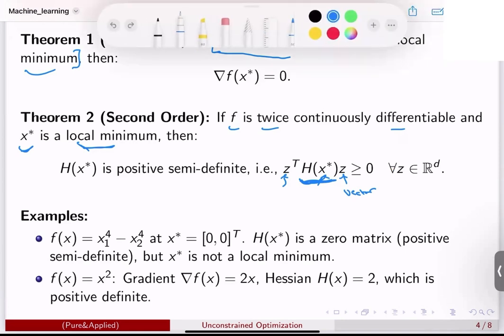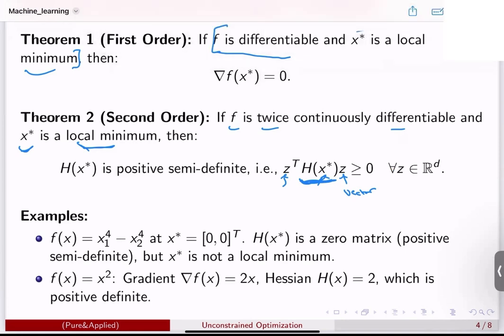It's not for one z, it's for every z. So positive semi-definiteness is a necessary condition if the point is a local min, but it's not sufficient. If we know that the Hessian exists and it's positive semi-definite, that's not enough for us to tell that the point is a local min.